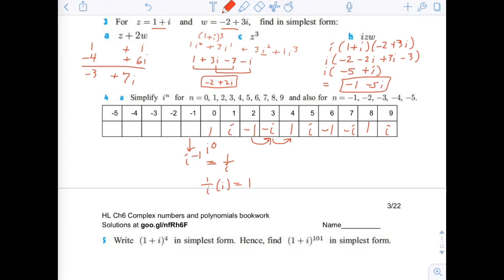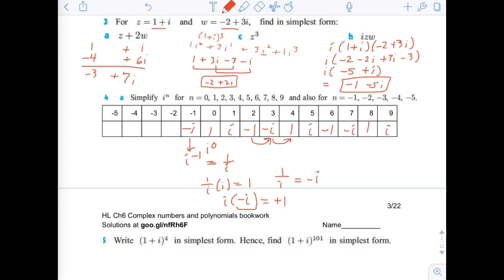So since we know that, i to the negative 1 is also equal to negative i. Because if we multiply i times negative i, that gives us positive 1 also. So that means 1 over i has to be equal to negative i. That's not really intuitive, is it? So, negative i.